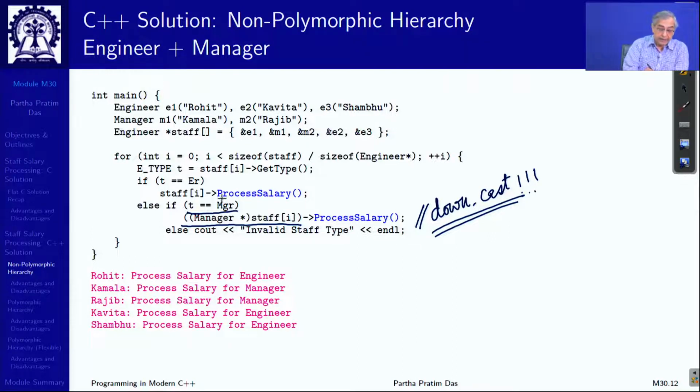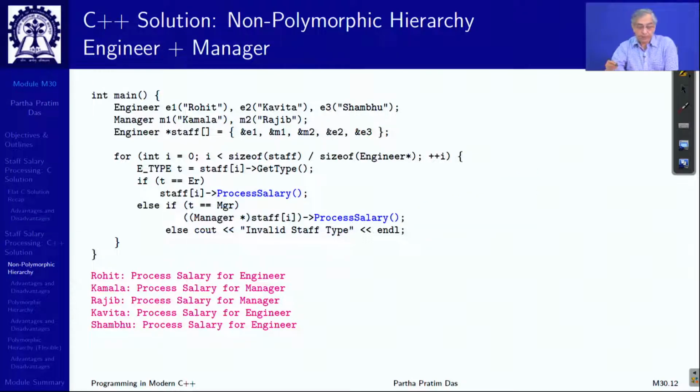So, if the tag is manager and if I cast it to manager star, it should be fine. So, now the pointer after casting is a manager type pointer. So, if I invoke, it will invoke the process salary of the manager class. Right. So, it would be fine, otherwise I do invalid.